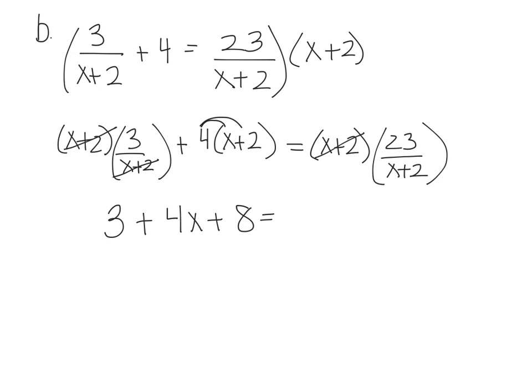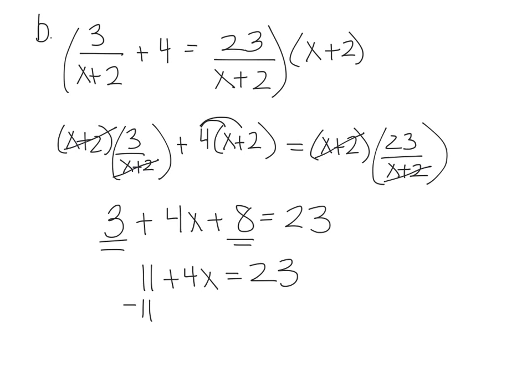And then the same here, the x plus 2 cancels on the top and the bottom, so I'm left with 23. Next, I need to combine like terms on the left side, so I have a plus 8 and a positive 3. 8 plus 3 is 11. So this is 11 plus 4x equals 23.